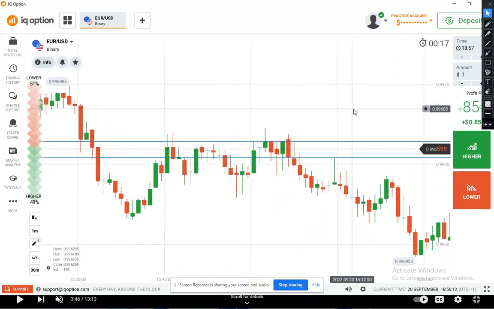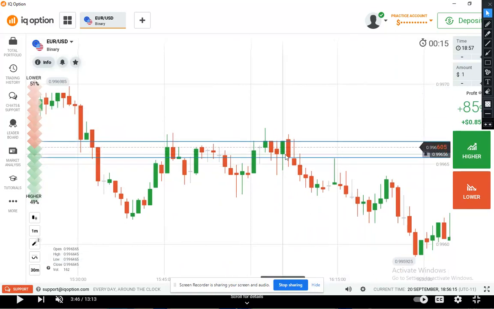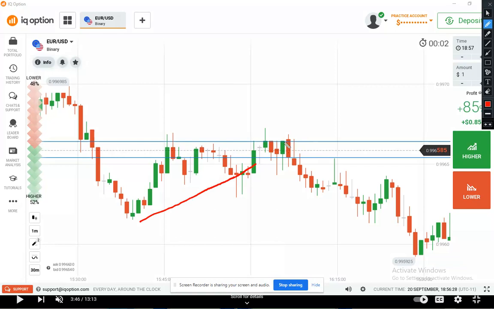Okay, now what happened here is that when price was approaching higher, I saw some changes here because this is the last reversal point before the market dropped down. Okay, we have so many reversals here, but I'm using this as the last reversal point.